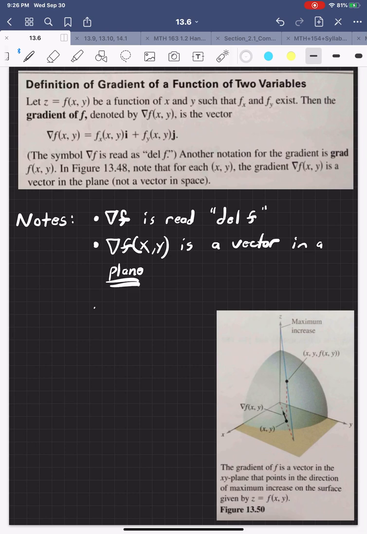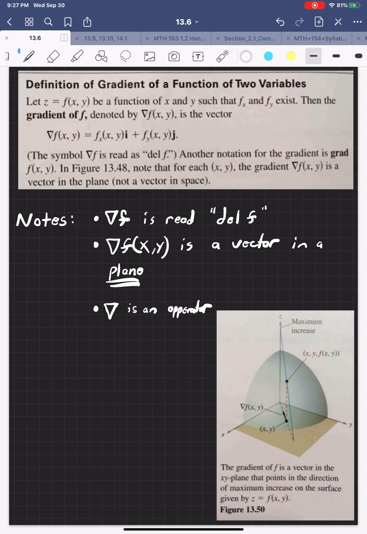This is somewhat germane, but you don't have to worry too much about what I'm showing you now. Just for those that care to know, that del, that upside down triangle, is not a variable. It's an operator, just like dy dx is an operator. It operates on the function and creates a vector.